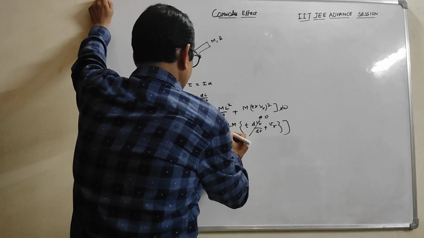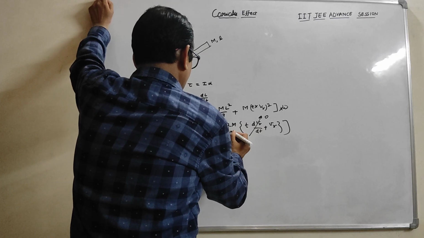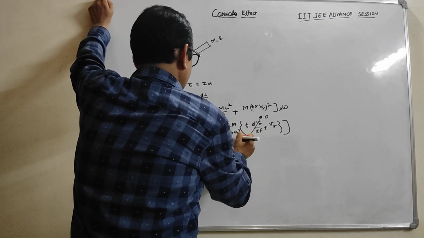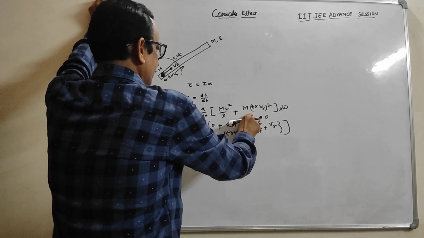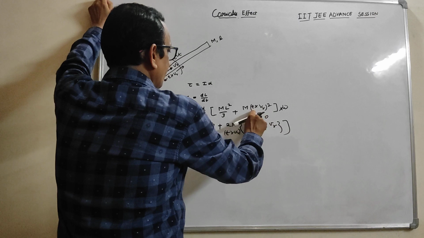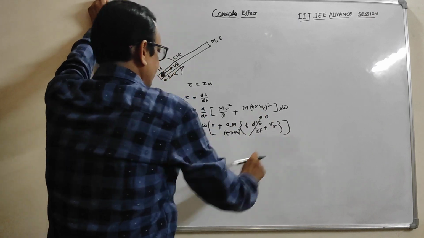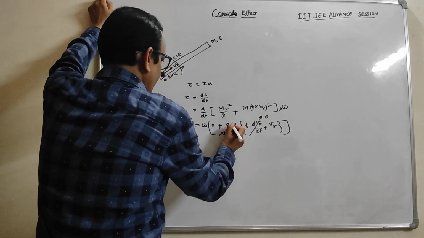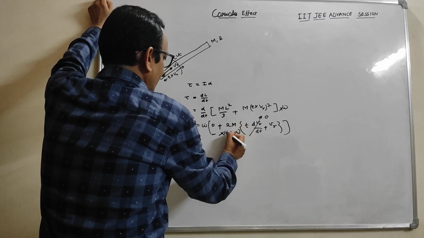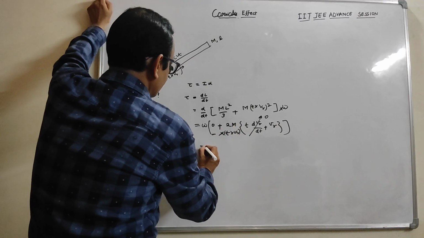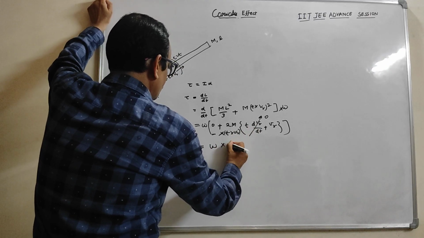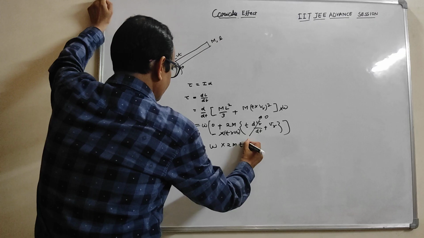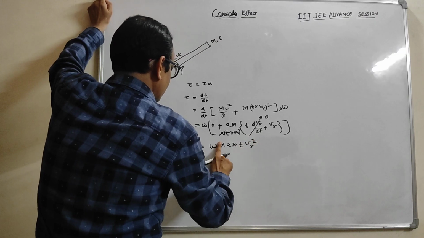So this would be omega into 2m t vr square.